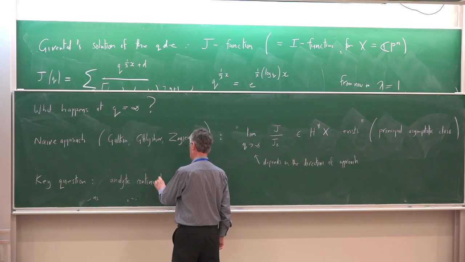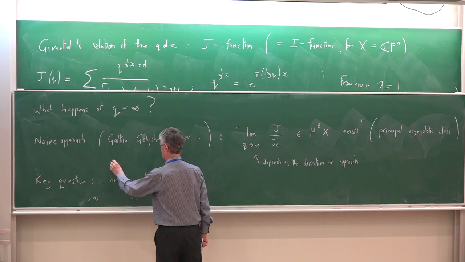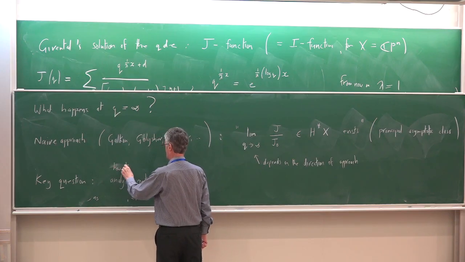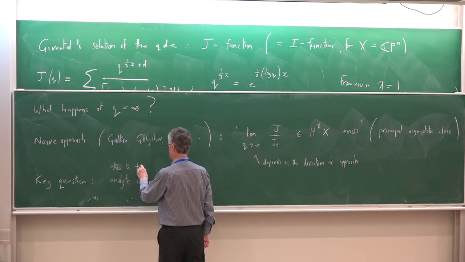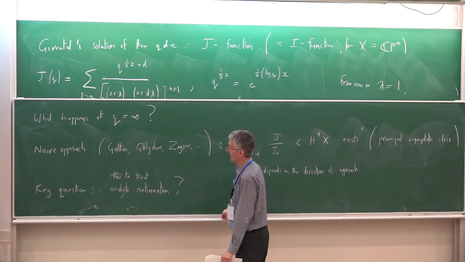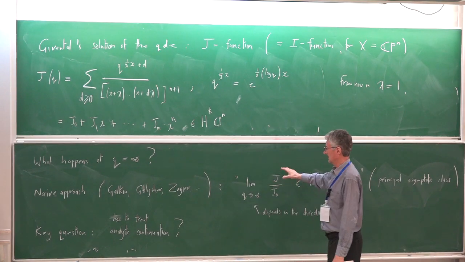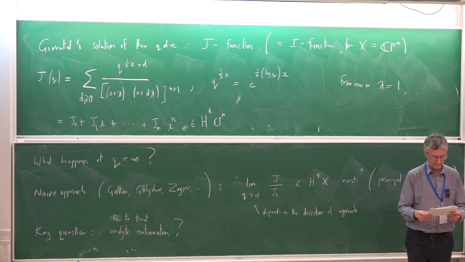That's the question. I mean, to understand how to deal with, how to treat, how to understand analytic continuation. Right? This is an absolutely key question, and this is giving some information about that.